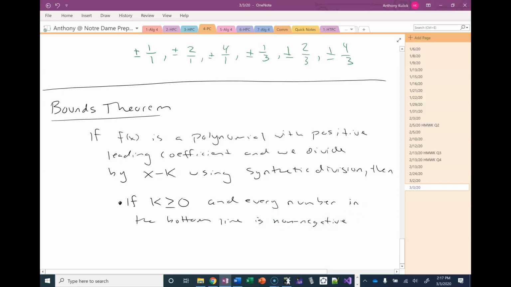What's the difference between non-negative and positive? Non-negative includes 0. Yeah.